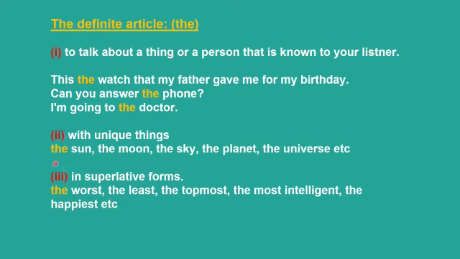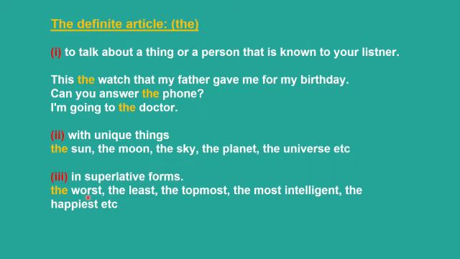Number 2, with unique things. For example, the sun, the moon, the sky, the planet, the universe. The universe is one, sky is one, sun is one. Number 3, in superlative forms. As you know, there are 3 degrees of adjective: positive, comparative, and superlative.